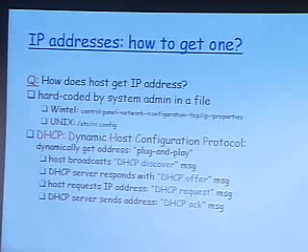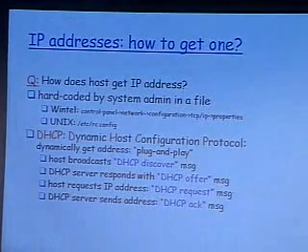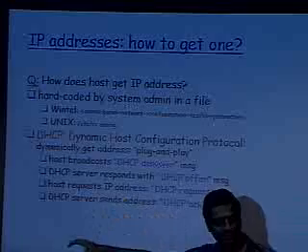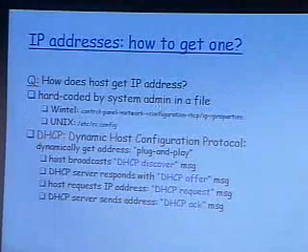In your network you typically have a DHCP server. When a host wants an IP address, it will broadcast a DHCP discover message. The server will respond with an offer message, and it will assign an IP address to this host. Now this IP address is dynamic. Once this host gets disconnected from the network, this IP address can be reused.